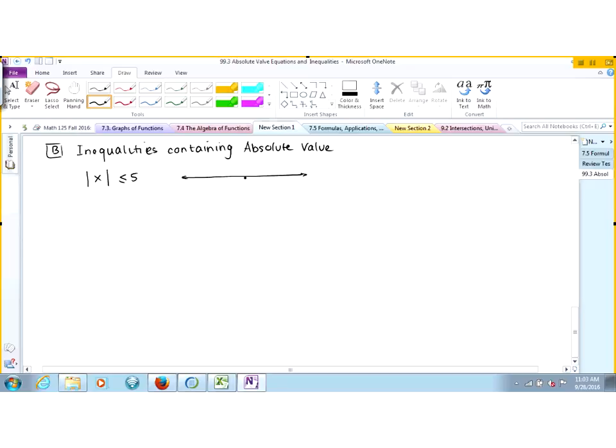How do I draw this? I do the same thing. This is 0. 1, 2, 3, 4, 5, 6. So this is negative 5, 6. Is 5 included? Yes. Now, tell me which one has distance greater than or equal to 5.